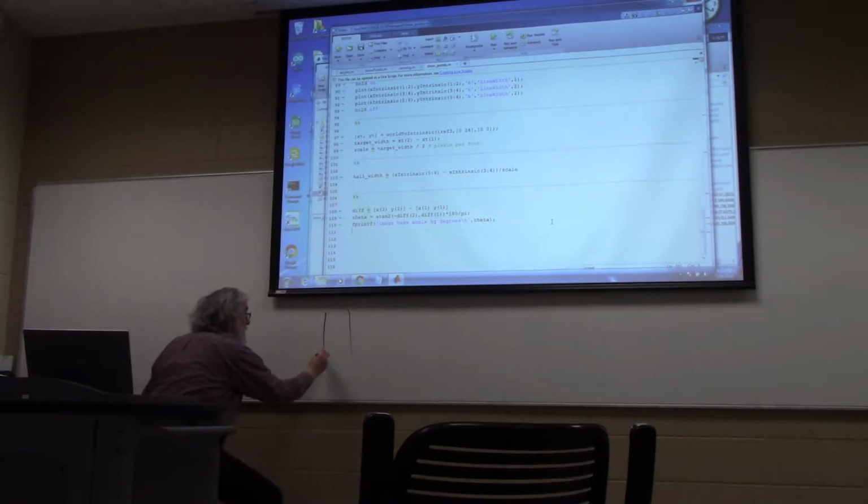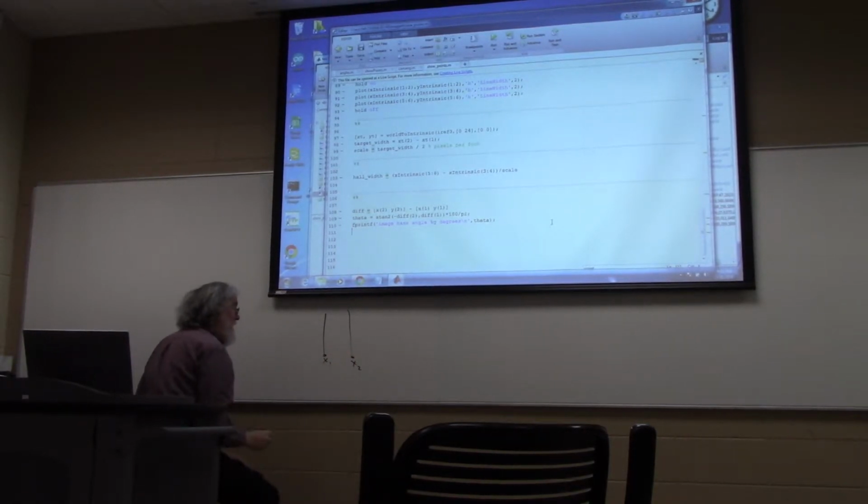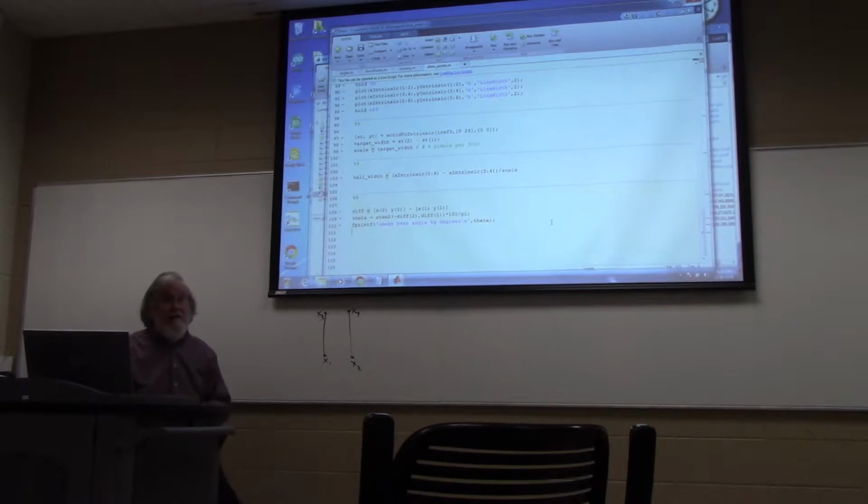So I can take the x value here, subtract it from the x value there, or any combination of them. This is the one we're looking at. Okay, so I can subtract those two, and I can divide by the scale that I determined earlier, which is 48 pixels per foot, and then get the number of feet across the hallway.